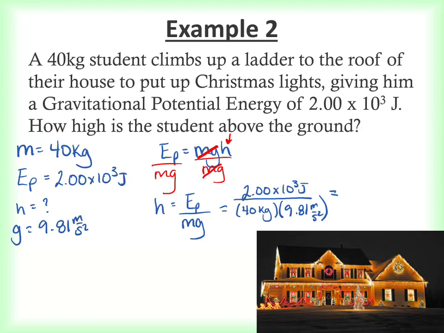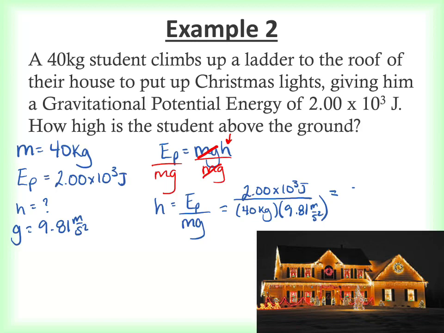Make sure that you put the denominator in brackets. So I would do 2 times 10 to the 3, and then divided by, open bracket, 40 times 9.81, close the bracket, and then press enter. If you just put it left to right, it's going to do the division before the multiplication, which is going to be a problem.